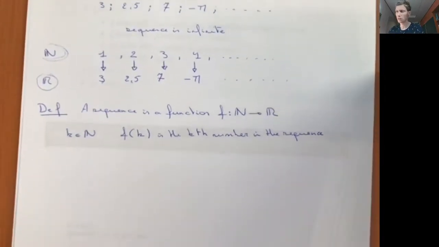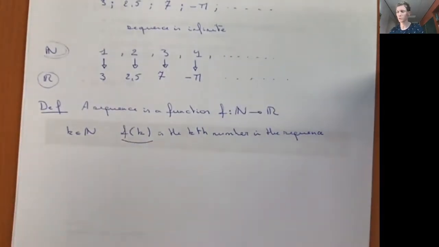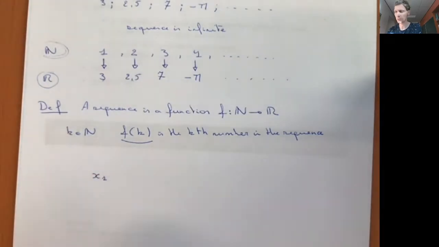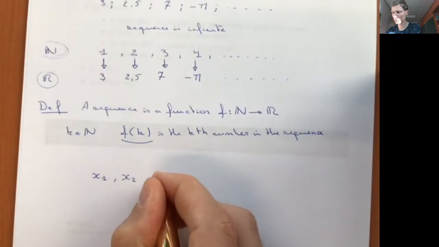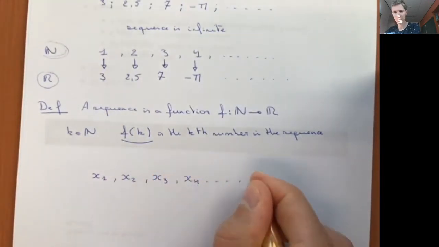In practice, we never use this kind of notation to denote a sequence. So what we normally do is we say we have a sequence that consists of a list of numbers, and then we call the first number, say, x1, we call the second number x2, the third number x3, the fourth number x4, and so on and so on.